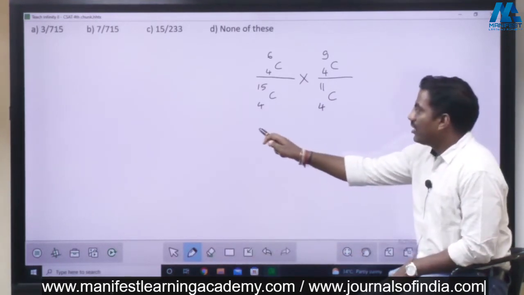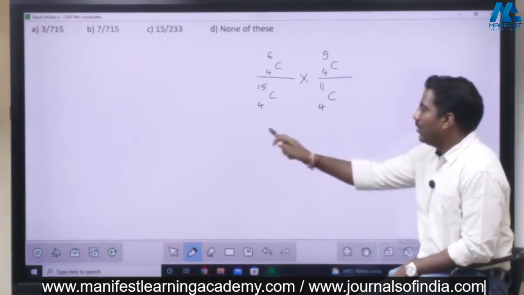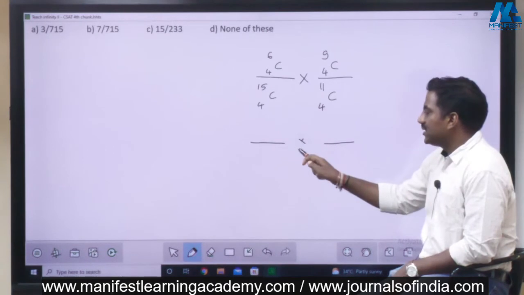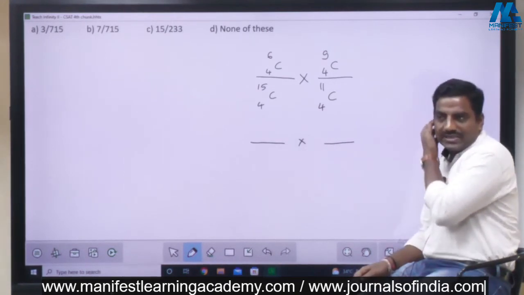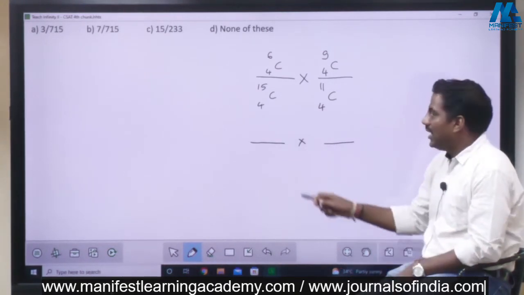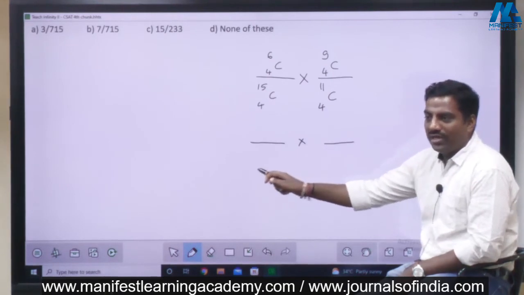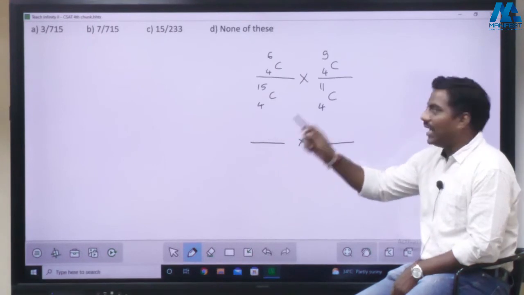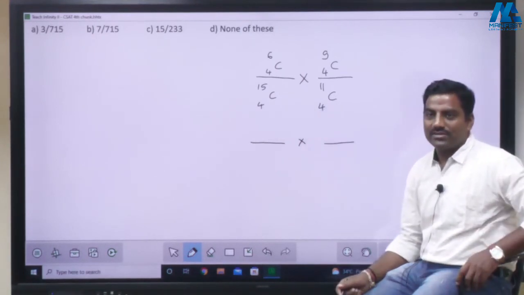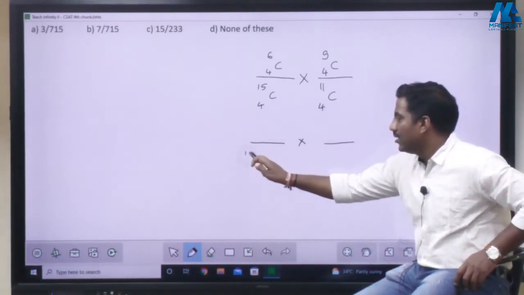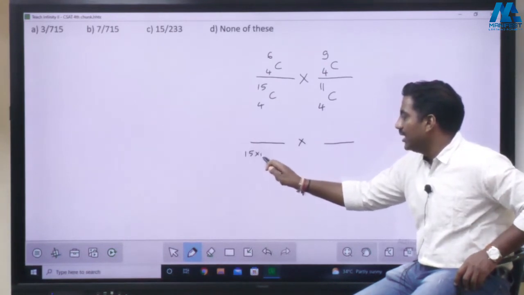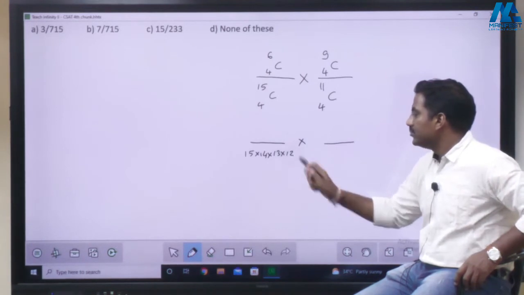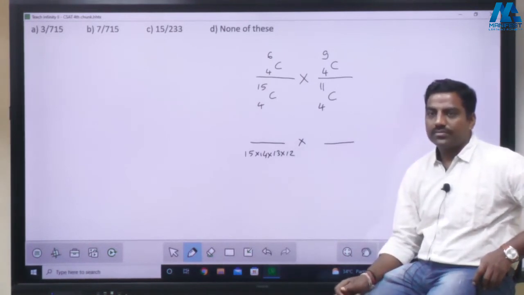Again, when you write C4, in both the numerator and denominator, unnecessarily you will be writing 1 into 2 into 3 into 4. So I'll forget those things. Here I'll write 15 into 14 into 13 into 12.